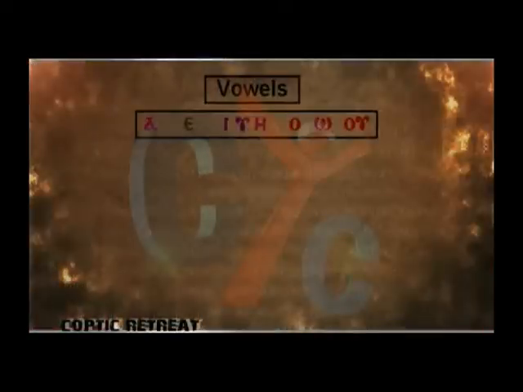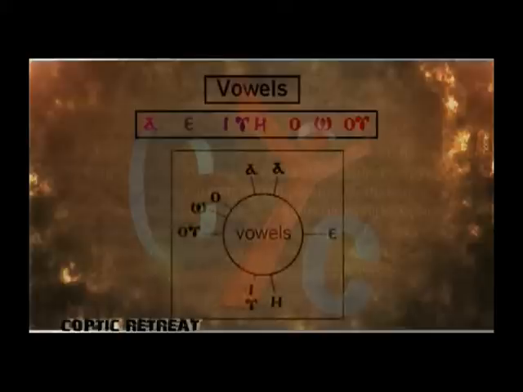So here we have the vowels, which are the alpha, and the other A, and then the iota, and the epsilon, and eta, and then the small o, and the big O, and these two together form another pronunciation. So when you look at this circle here, in the upper part, the letters that will be pronounced like A.